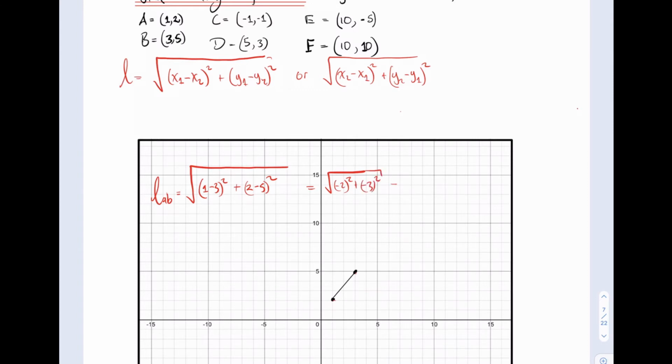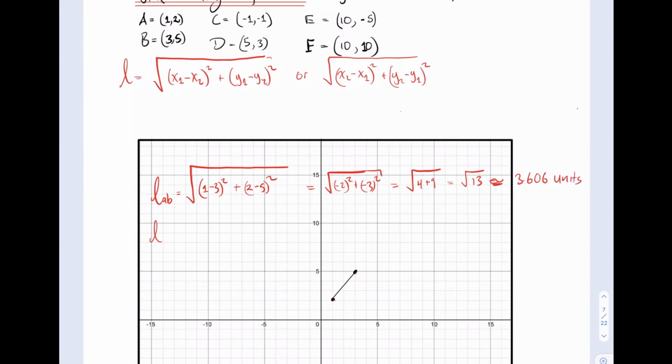When we square negative 3 and negative 2, we end up with positive 4 plus 9, which is equal to the square root of 13. On my calculator, I end up with 3.606 units, approximately.